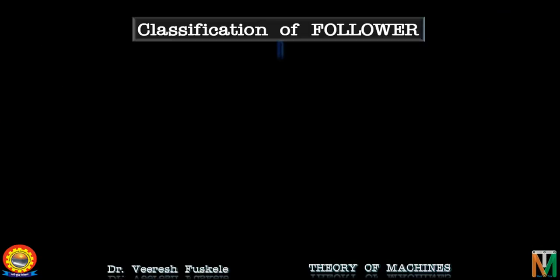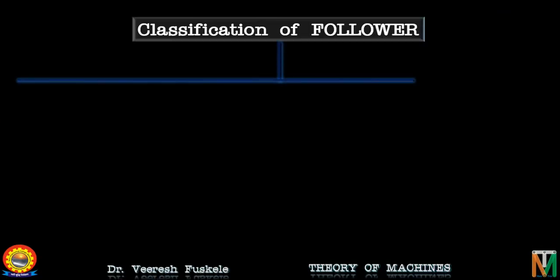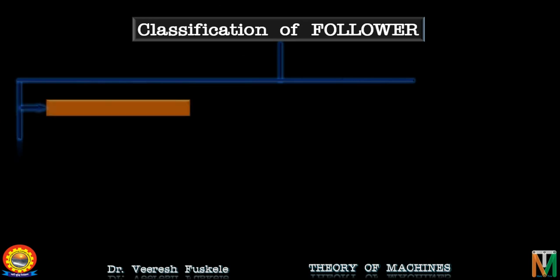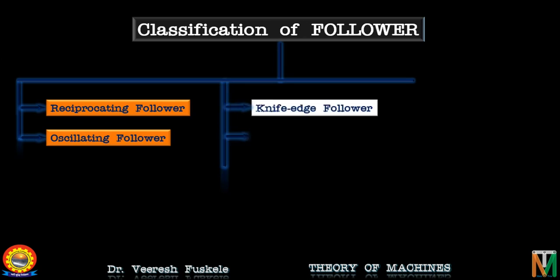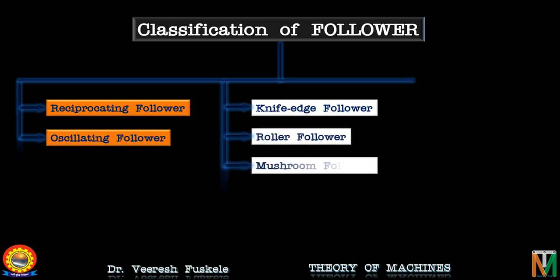The followers are classified on various criteria. First, on the basis of the movement, they are classified as reciprocating follower and oscillating follower. Further, according to the shape, they are classified as knife edge follower, roller follower and mushroom follower.